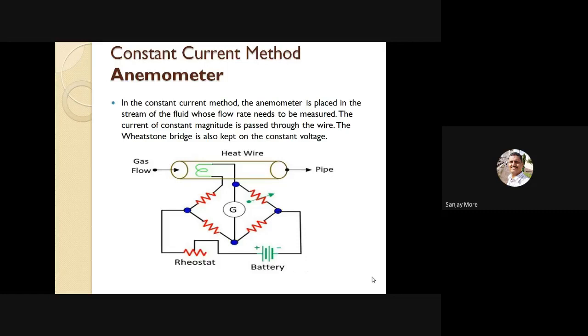So give the heading constant current method anemometer and draw this diagram. Draw it fast, within 2 minutes.